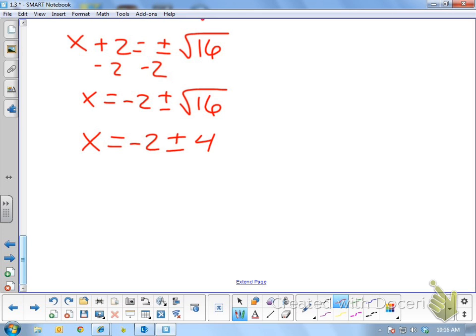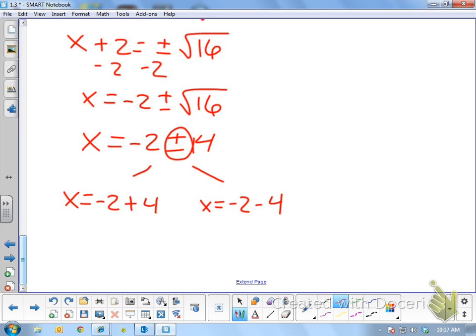So remember, this plus or minus was two things. Sade, Chris, we just need like 1 more minute of quiet. It was two things written as one because mathematicians were lazy. That was all that they wanted to do was not have to write something twice. But since we can combine this, we need to write it twice now. I'm going to write negative 2 plus 4, negative 2 minus 4.